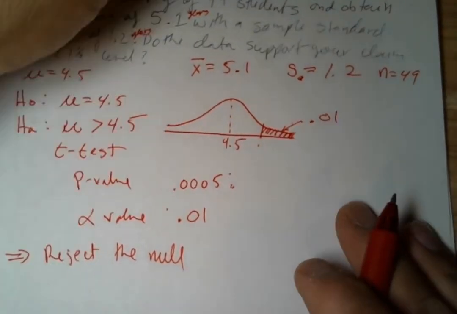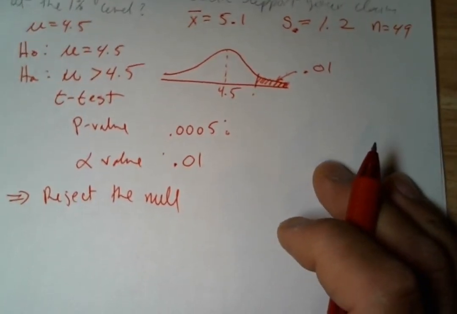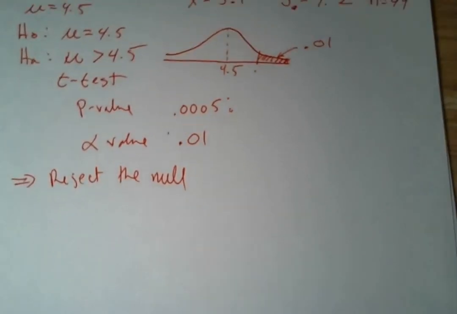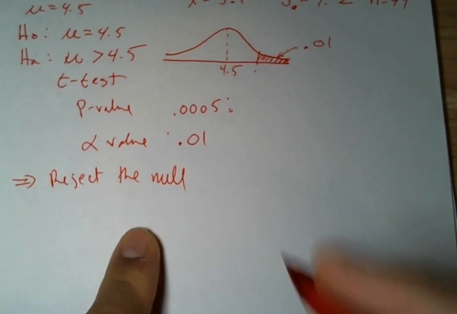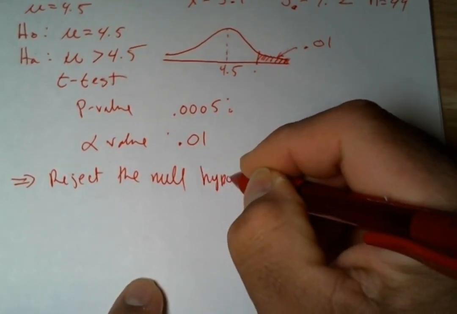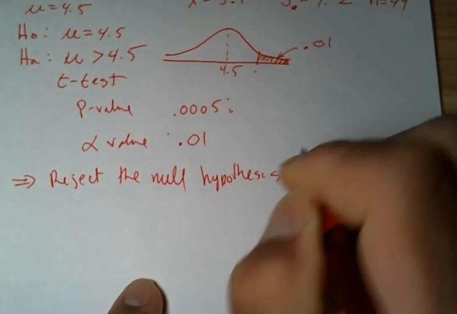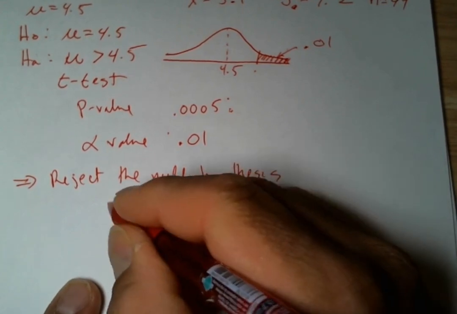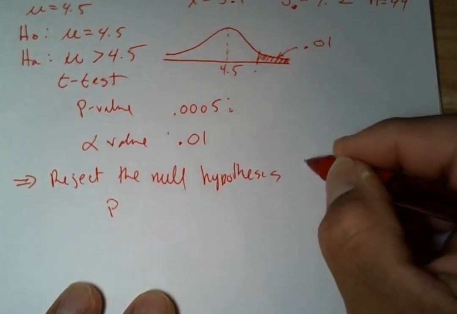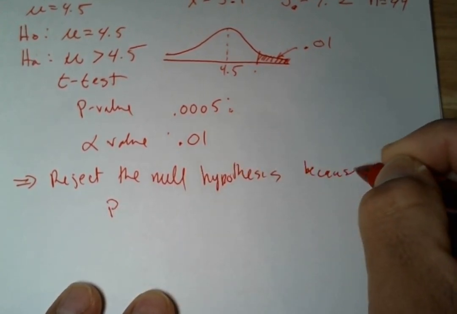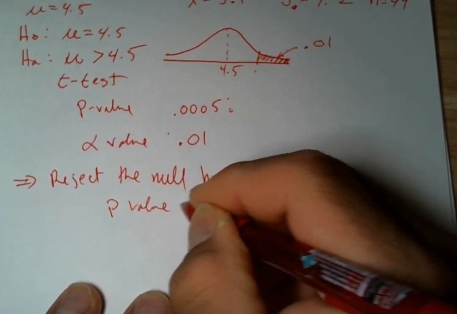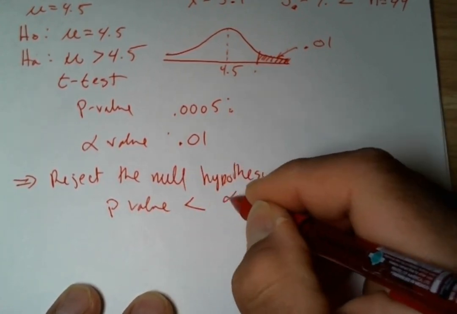Now we have to summarize. At the end of the problem, it's up to us to explain what our decision is. So reject the null hypothesis, and the reasoning for that is because the p-value is less than the alpha value.